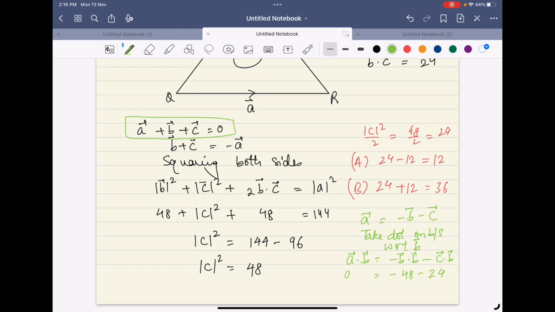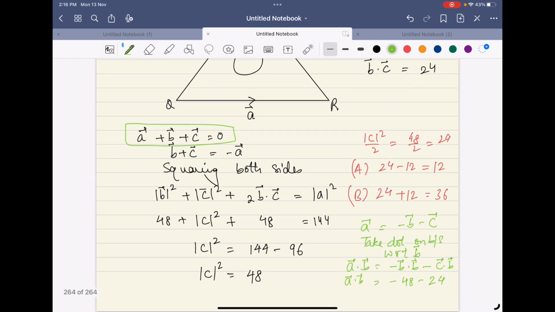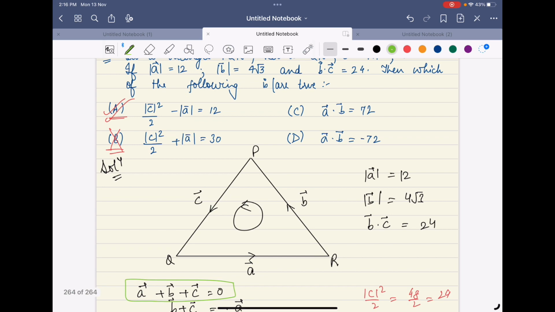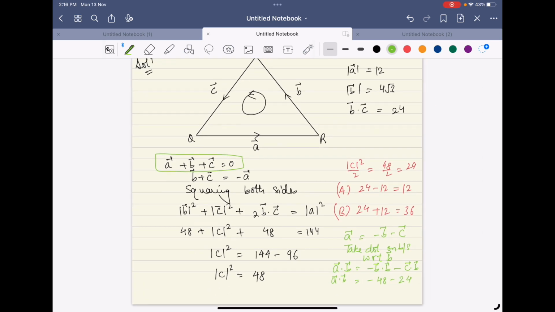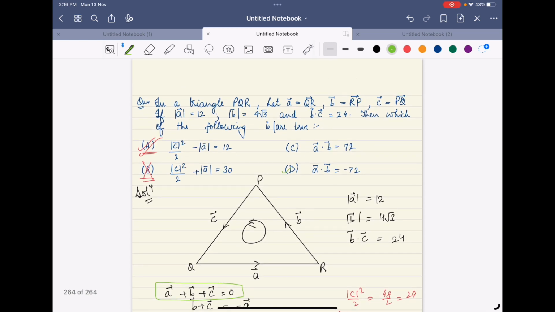This is the value of A dot B. In options C and D, he is only asking about the value of A dot B, which we have now calculated. It comes out to be minus 72. So option D is correct and option C is wrong. The correct answer for this question is option A and option D.